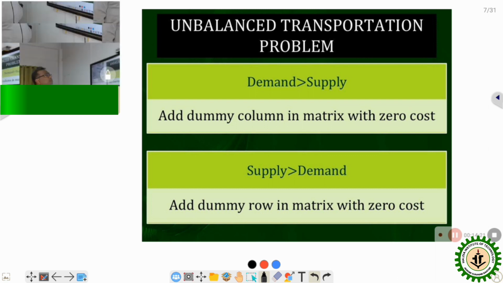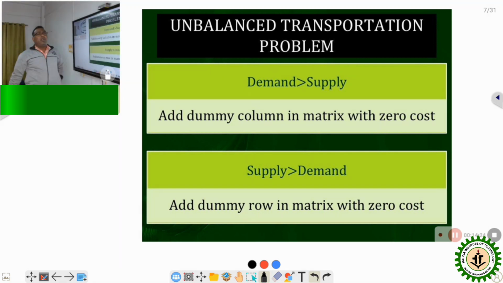Now, if the transportation problem is unbalanced, what do we do? Unbalanced means the total demand is not equal to the total supply. If demand is greater than supply, we have to add a dummy column in the matrix where the transportation cost is 0, because no transportation has been done there.